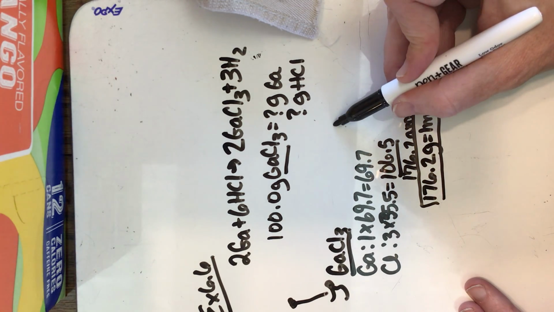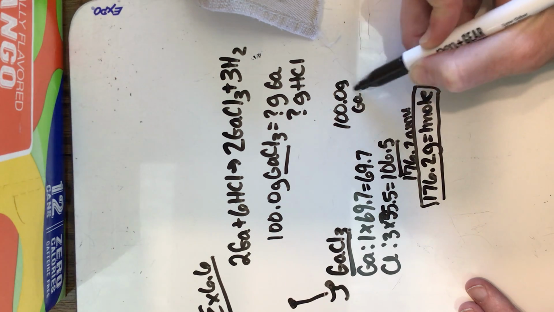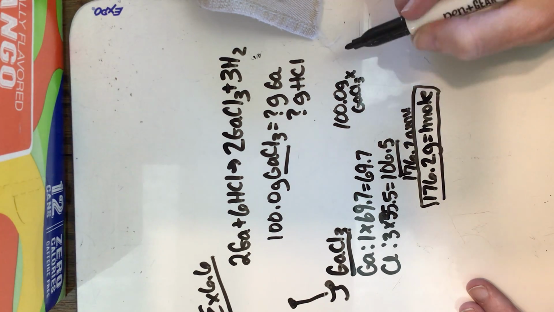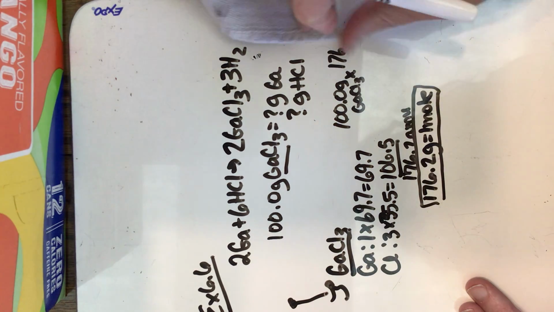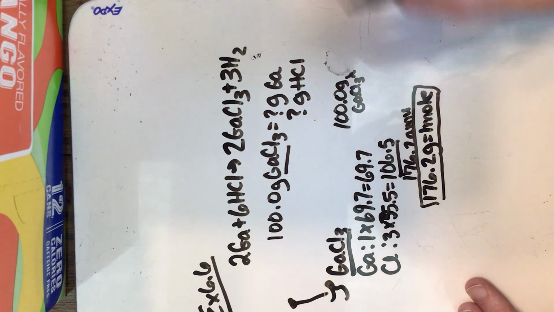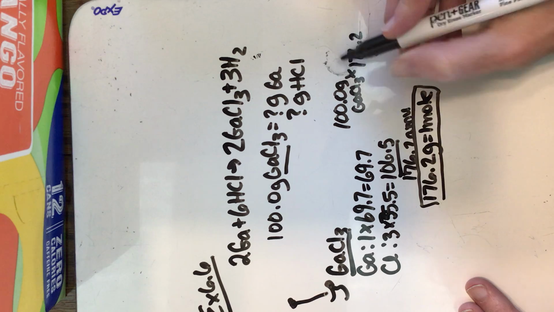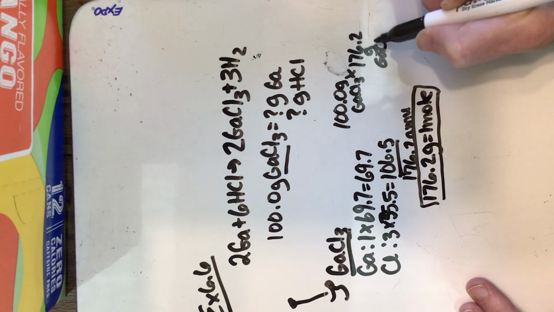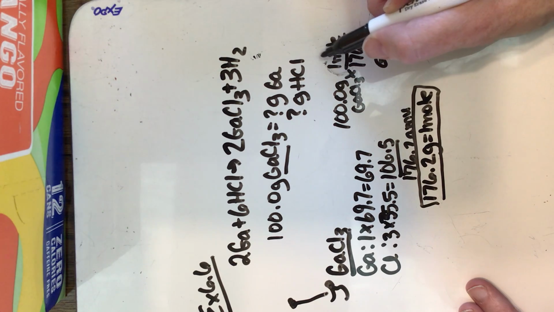So I come over here, and I take 100.0 grams of GaCl3, and I want to say then that there are, oops, wrong direction, I want my grams to cancel, there are 176.2 grams of GaCl3 in 1 mole of GaCl3.